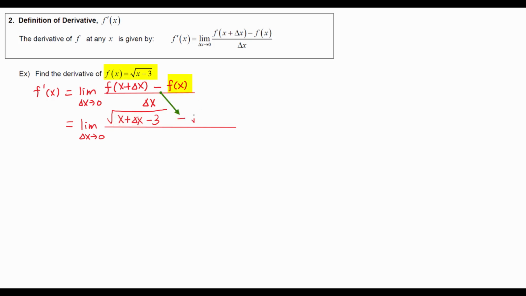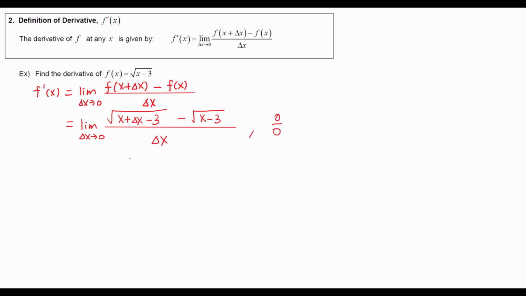You can just copy the f of x above, which is the square root of x minus 3, over delta x. Okay, so now to find the limit of this, if I do direct substitution of 0 for delta x, I get the square root of x minus 3 minus the square root of x minus 3 over 0. So I get 0 over 0.